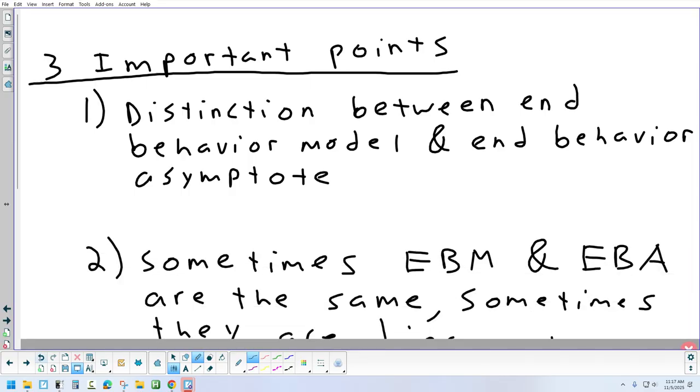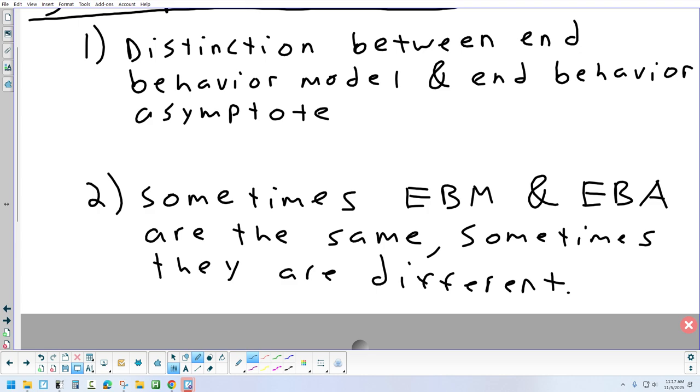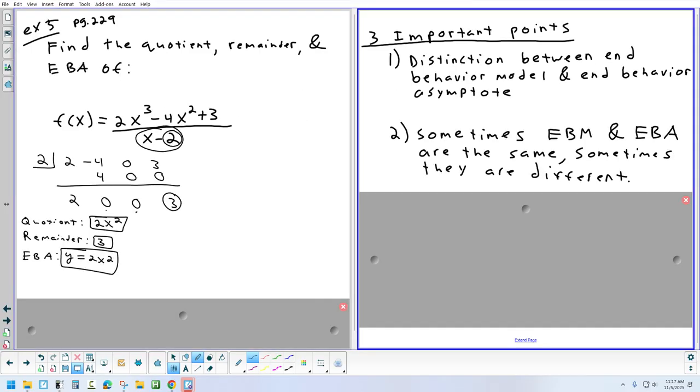Now, if you find both the EBM and the EBA, it is possible they could come out the same, or they could come out different. If we go back and look at our problem, what was the highest degree term in the top of f of x? Yep, 2x cubed.